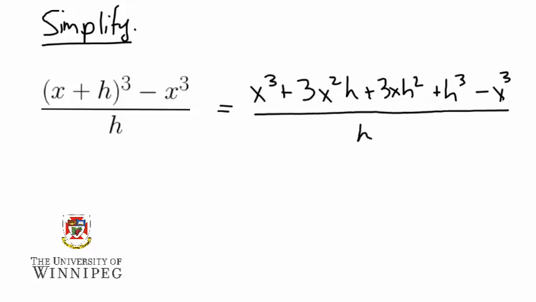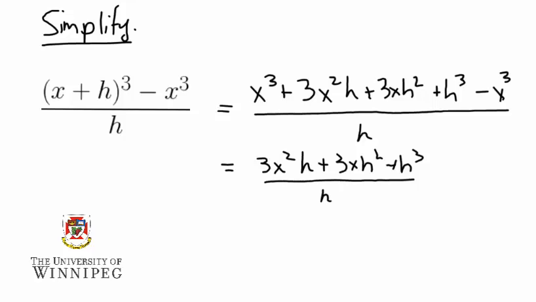our denominator of h. Notice that our positive x cubed will cancel with our negative x cubed and give us 0. And so we're left over with 3x squared h plus 3x h squared plus h cubed.